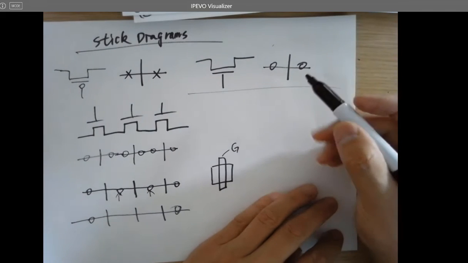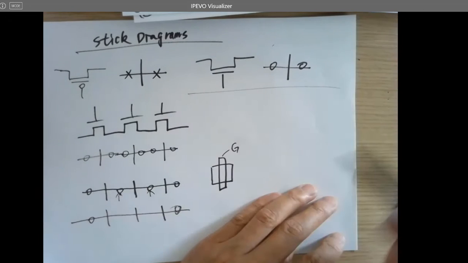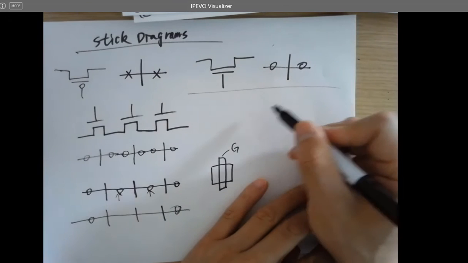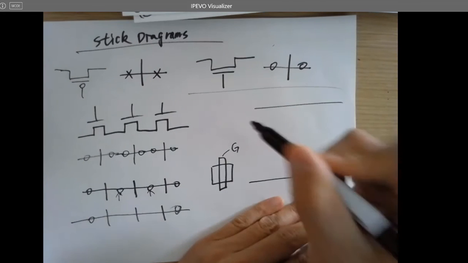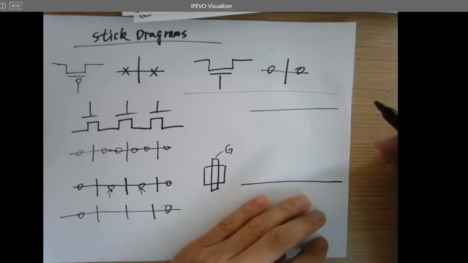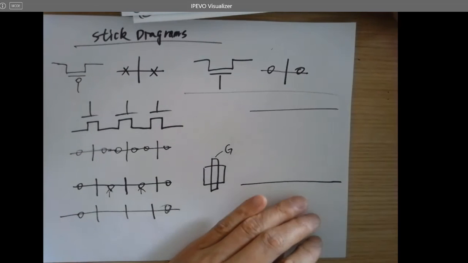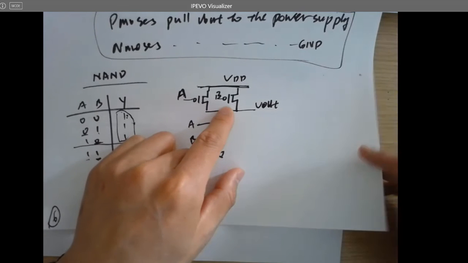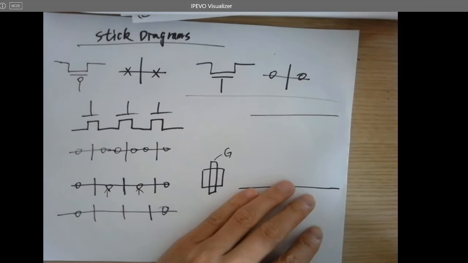And so for the NAND gate, when you are drawing the stick diagram, you have two PMOS on the top in parallel. So two PMOS.